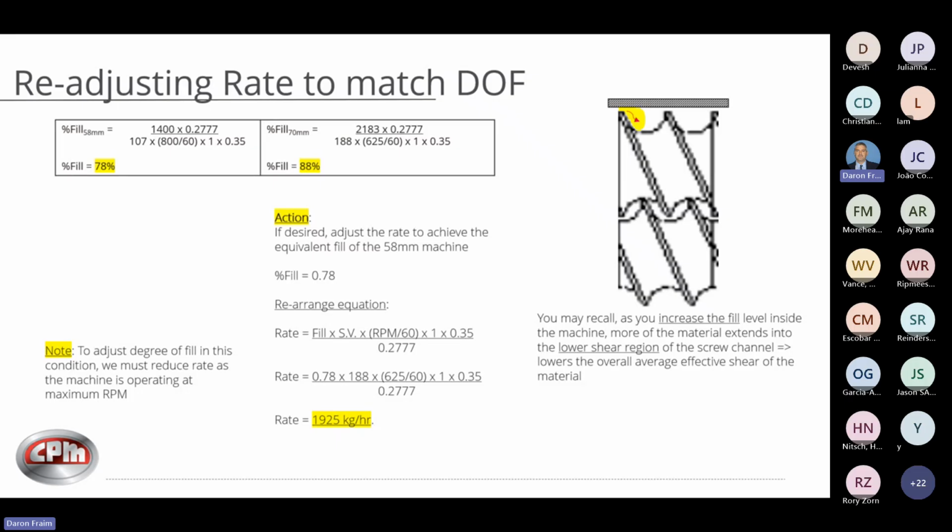Now I need to drop the rate. That tells me I need to reduce that rate from 2183 to 1925 to get the same degree of fill as I had on that 58. Again, like we said previously, when you increase fill, that material grows into that lower shear region.